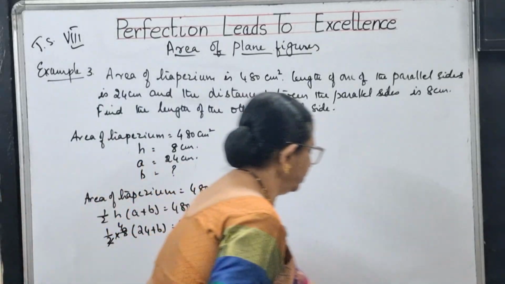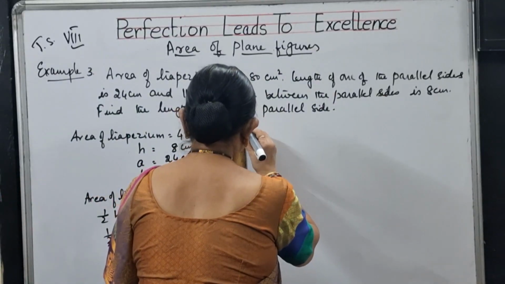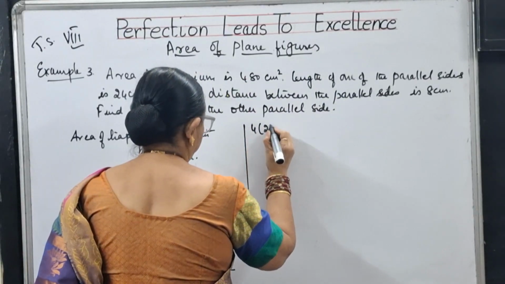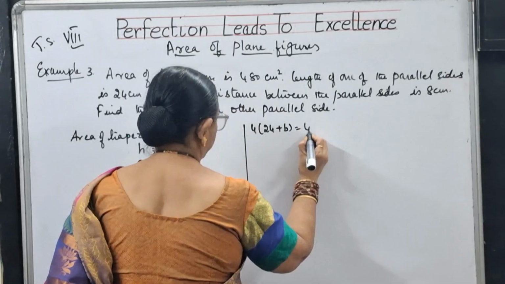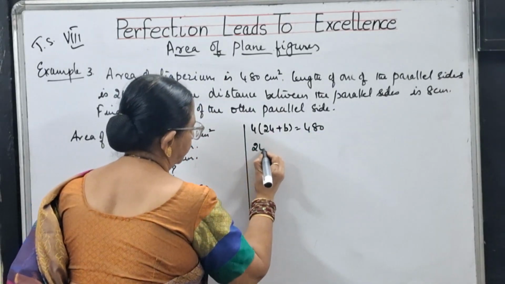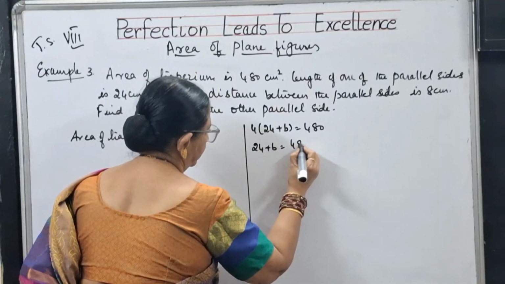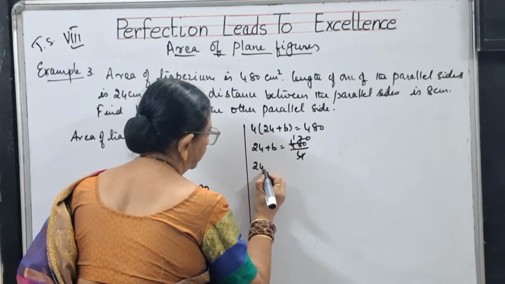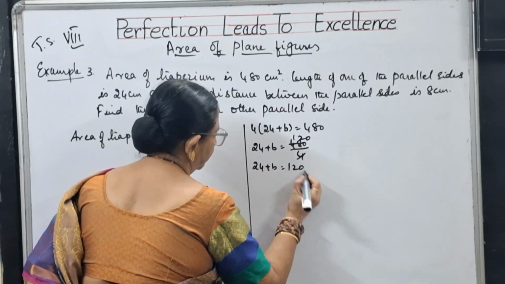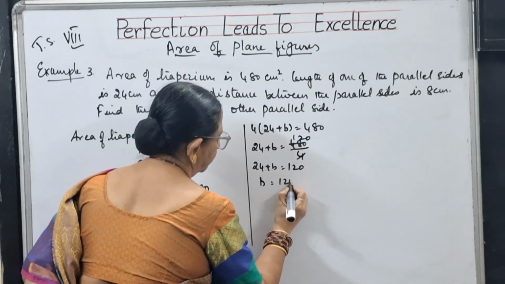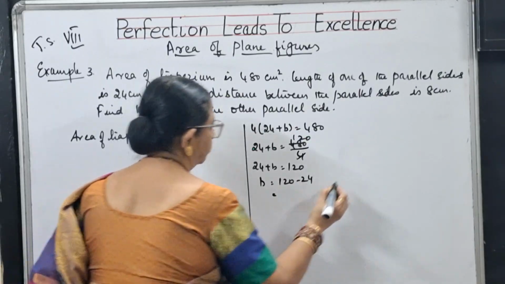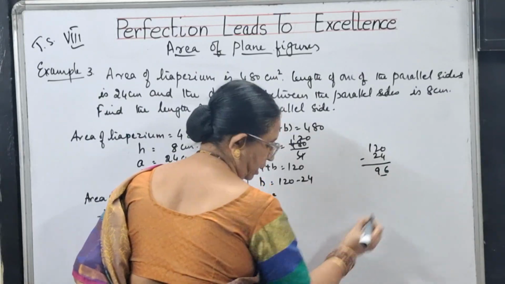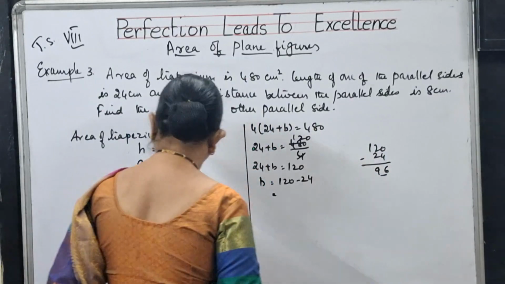So what are you getting? 4 into 24 plus b is equal to 480. So what is 24 plus b? 480 divided by 4, 4 ones are 4, 4 twos are 8. So 24 plus b is equal to 120. So what is b? 120 minus 24. From 120, if you subtract 24, we get 96.